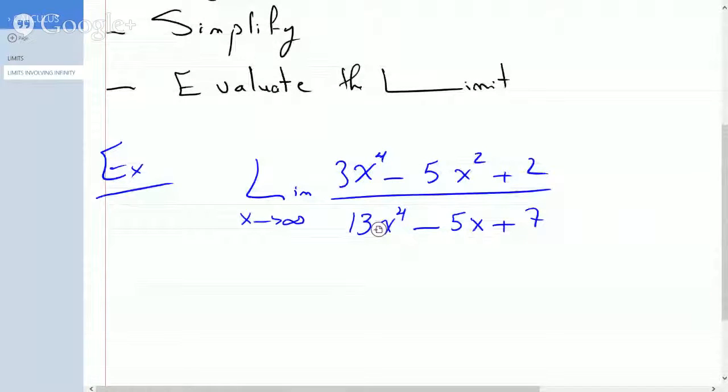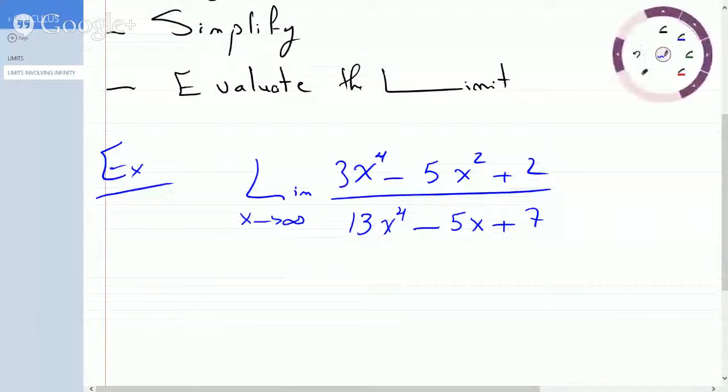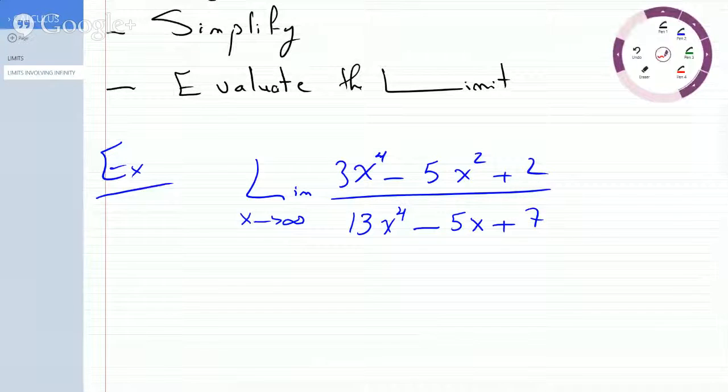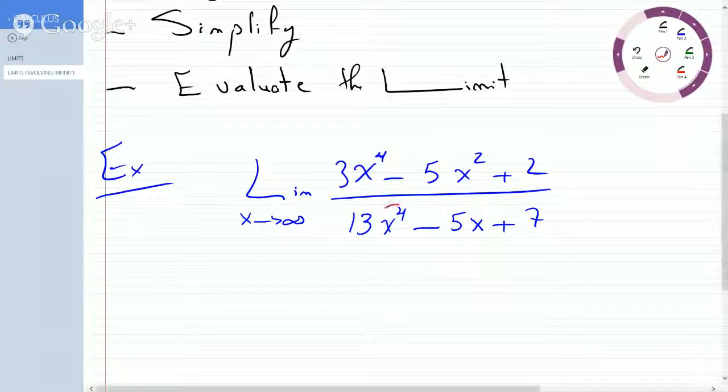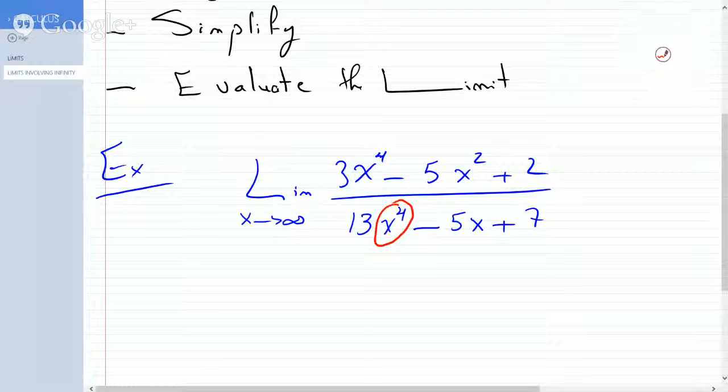What is the highest degree x in the denominator? Denominator, not the numerator. It's x to the 4. So you divide each term by x to the 4.